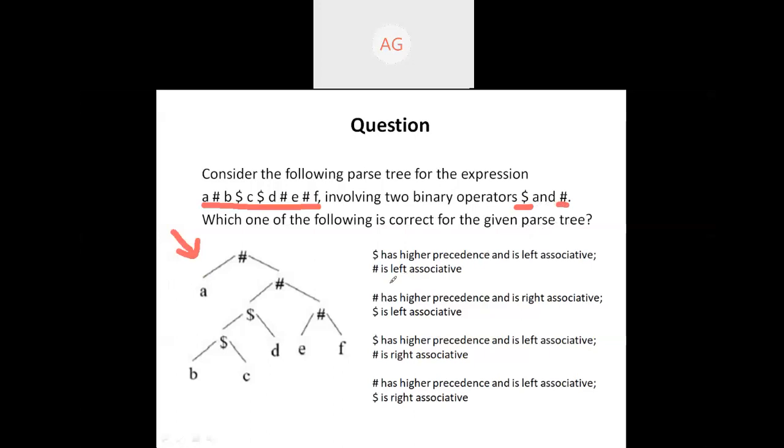So these are the four alternatives. I am numbering them: 1, 2, 3, and 4. So you need to check out of these four alternatives which alternative is correct.